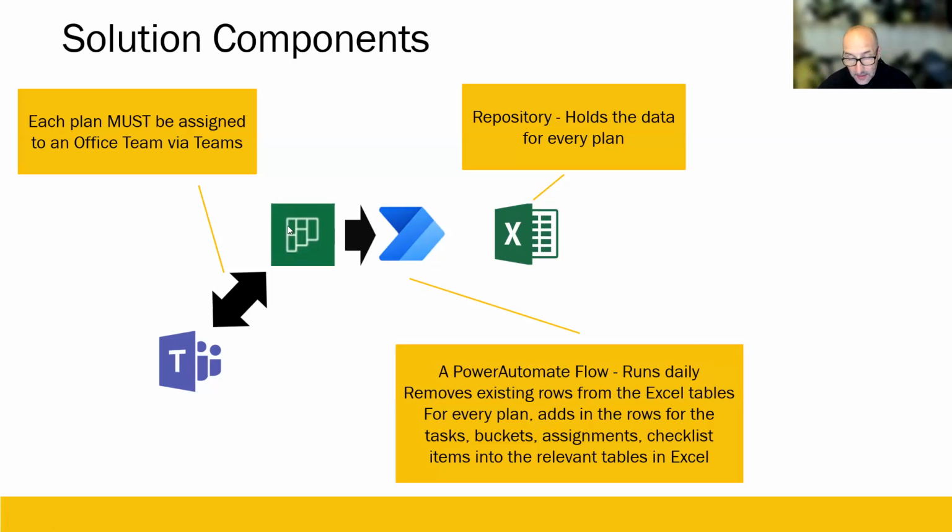And then for every team that you are a member of, because obviously you can't query teams that you're not a member of, it will go and get the plans for that team, because for each team I can have more than one plan. It will iterate through the plans and write the data for each plan into Excel.